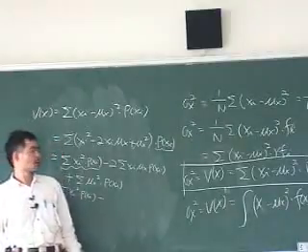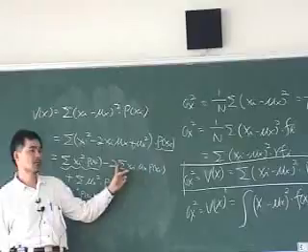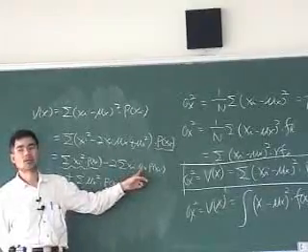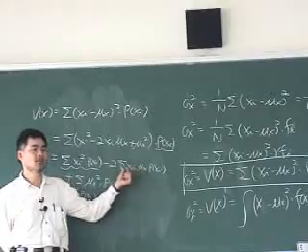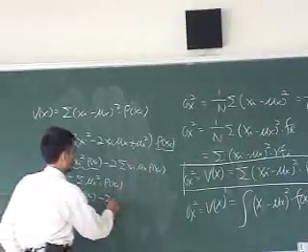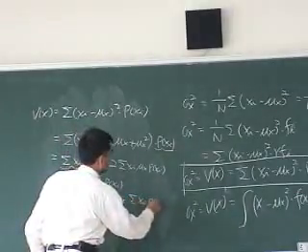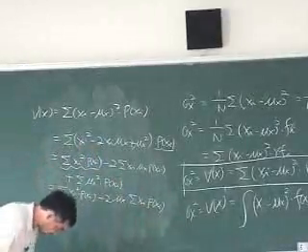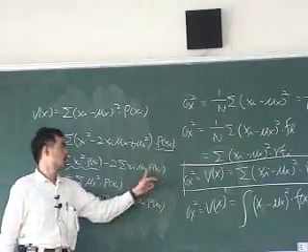Can we take this out? Is it affected by i? No, it is not affected by i, so we can take it out. It's going to be 2 mu x summation xi p(xi), because this one is xi and the other one is p(xi).